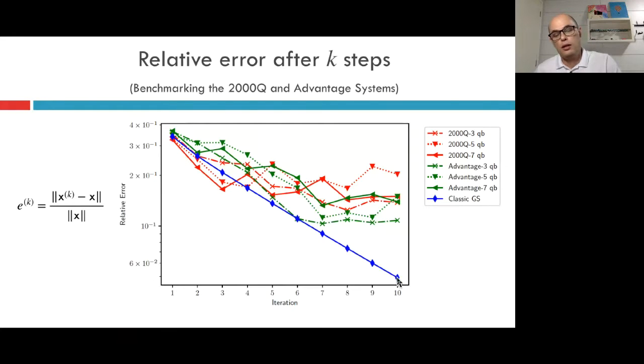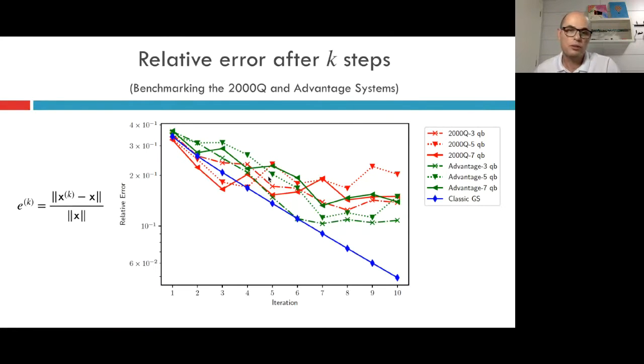The classical solution is the blue line. This solution was obtained using the classical Gauss-Seidel method, and we observed that the relative errors obtained by quantum computers are in general greater than in the classical case. The curves in red are obtained in the 2000Q QPU, while the green curves were obtained using the Advantage QPU.